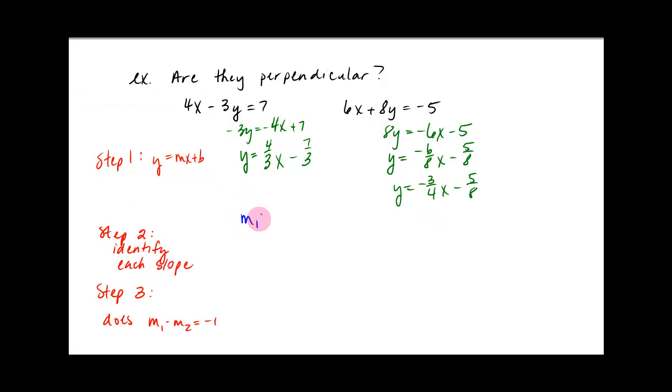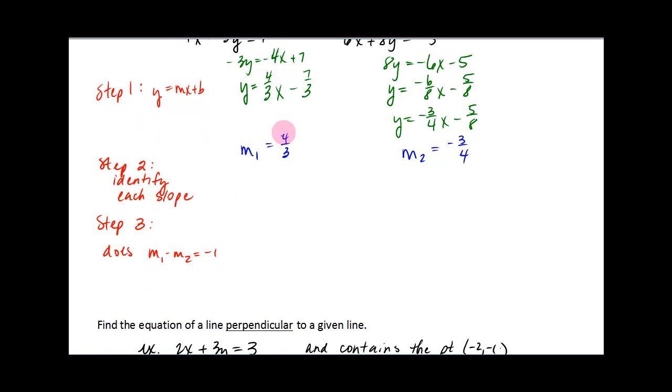The slope of this one is 4/3. The slope of the second line is negative 3/4. Well, 4/3 and negative 3/4 are negative reciprocals of each other. And I can prove this by saying m1 times m2 equals negative 1 if I say 4/3 times negative 3/4.